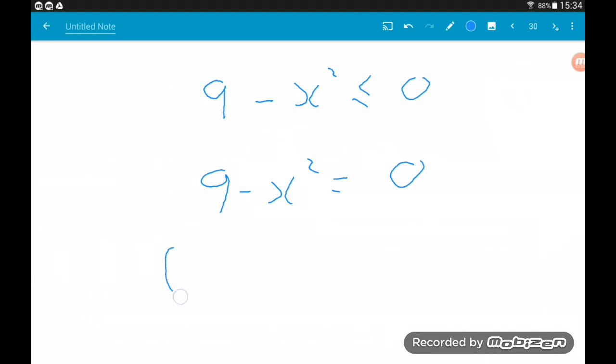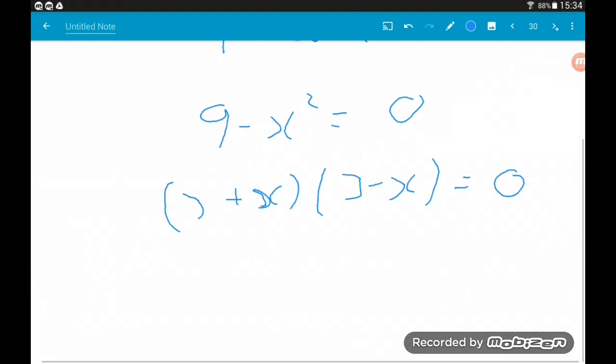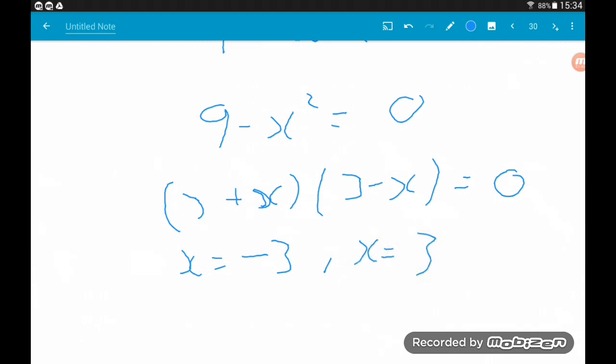But if we get on the factorizing route, we would get 3 plus x times 3 minus x is equal to 0. Now this would give us x equals minus 3, x equals positive 3.